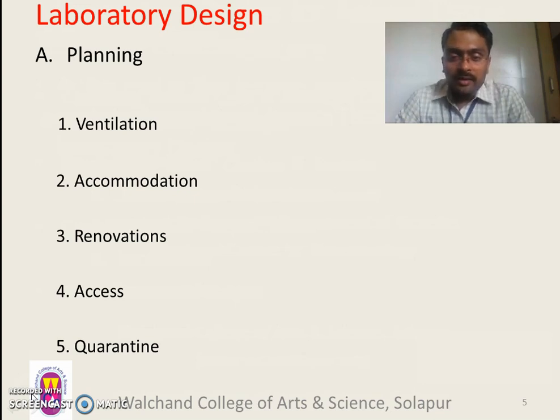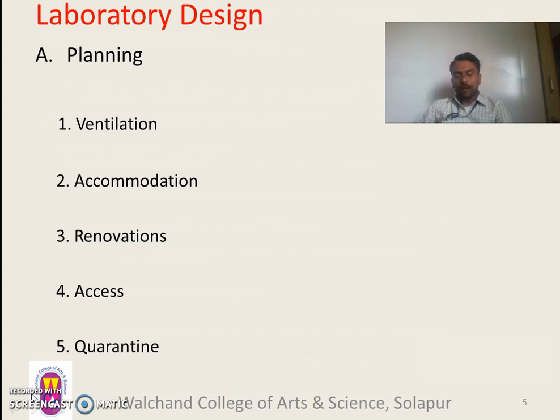Then access: the people working in this area should be able to access the laboratory and the various areas such as the preparation area, washing area, sterilization area, hot room, etc. Quarantine is the part where a separate room is provided, and it is also taken into consideration during the planning when you are going to design the animal tissue culture laboratory.